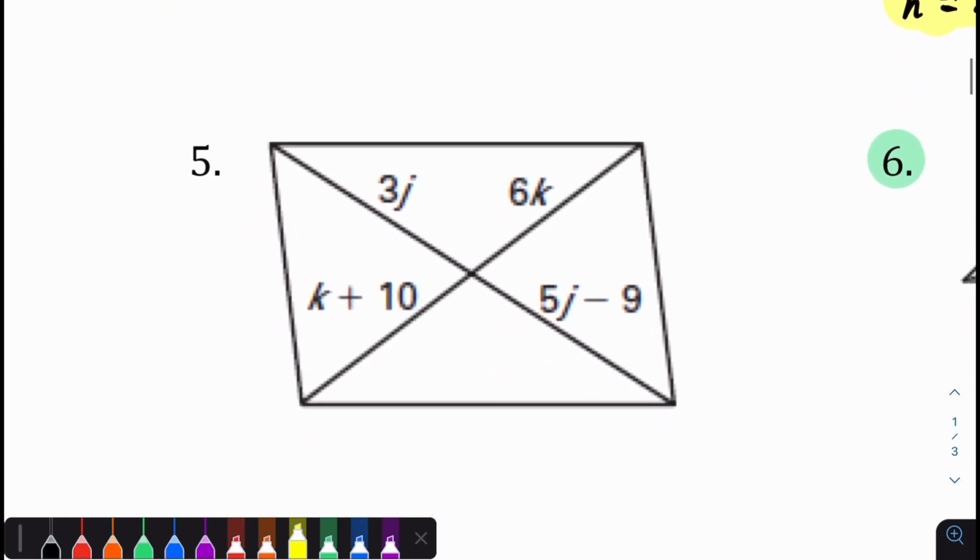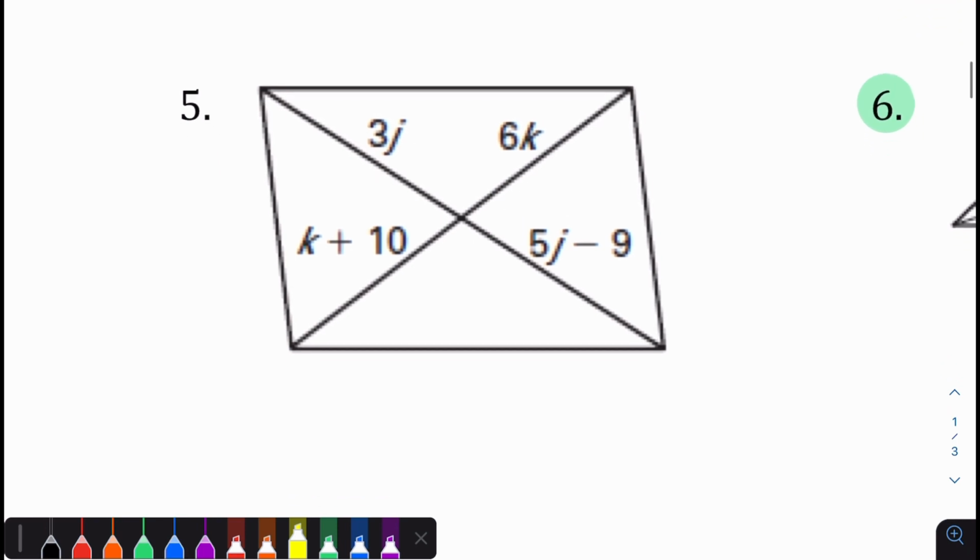Number 5. This is another one with diagonals. So that's property 4 down below. So I'm going to say that these two segments are congruent, and these two segments are congruent. So we'll say that 3j equals 5j minus 9.